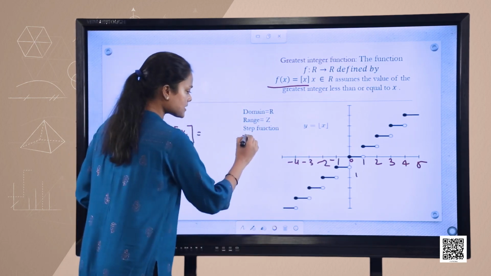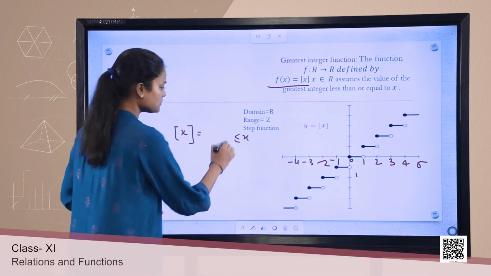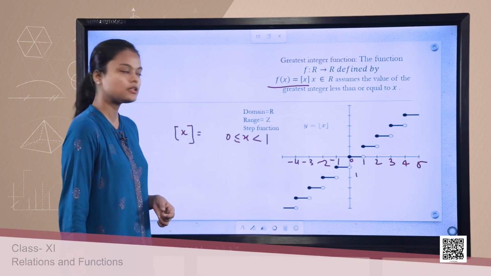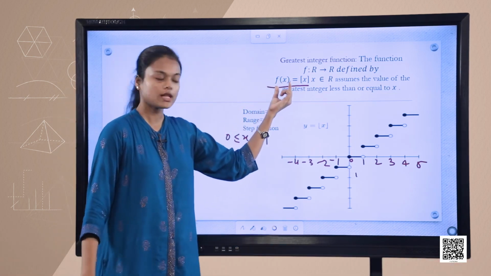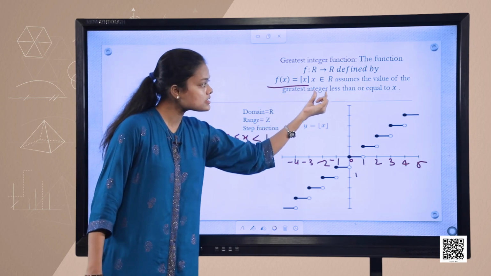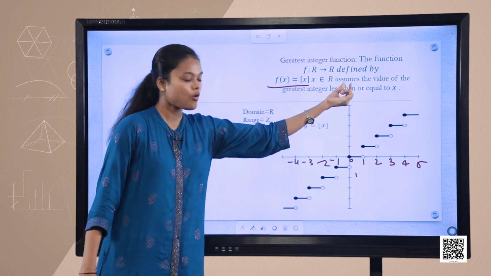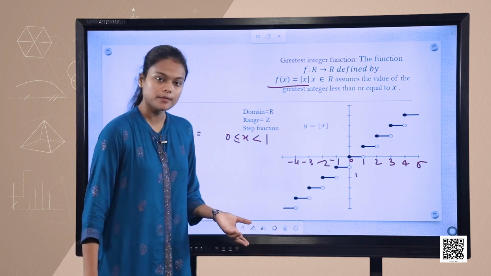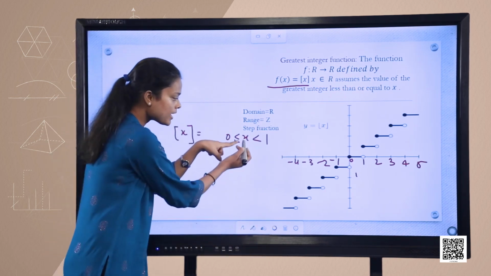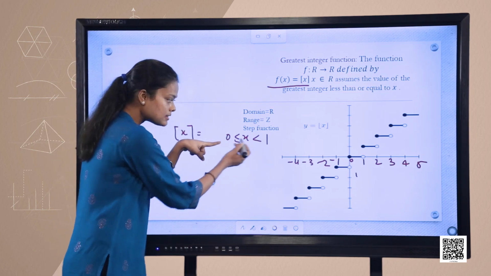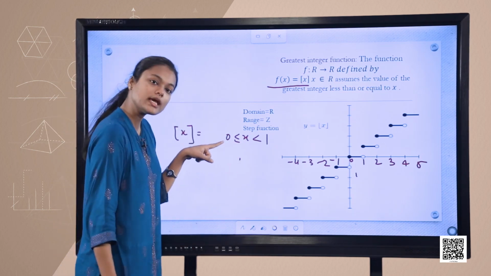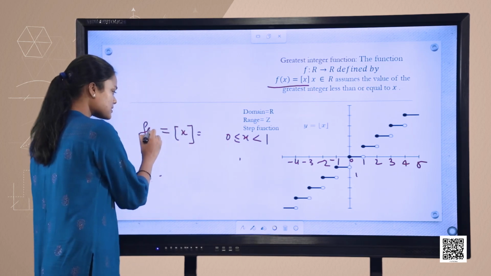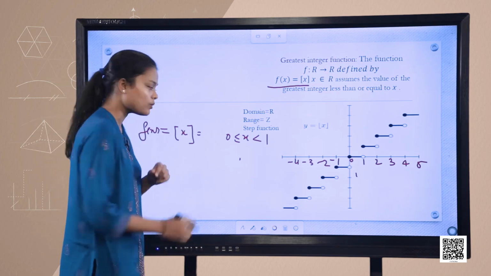Whenever my x is lying between 0 and 1, what will be the value of f(x)? As it says, greatest integer less than or equal to x, right? That means whenever x is lying in this interval, the value of the function f(x) will be 0.